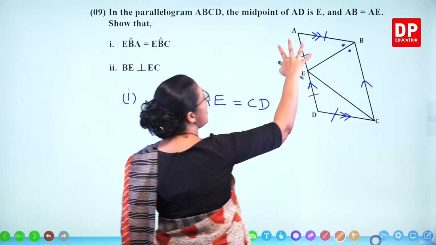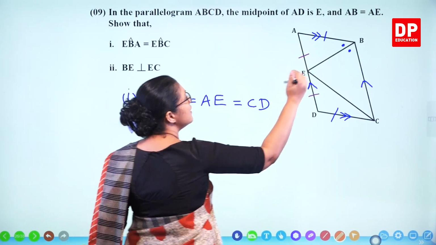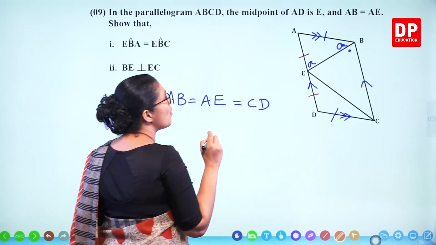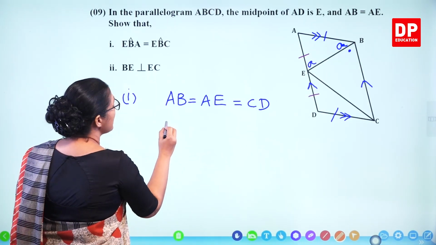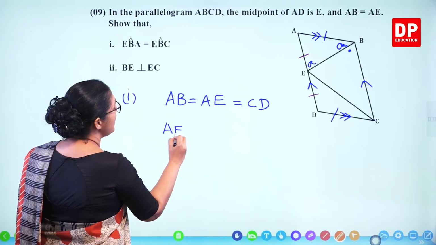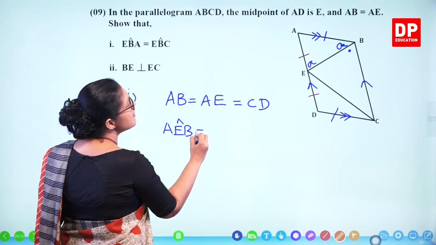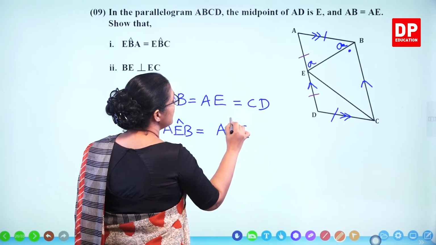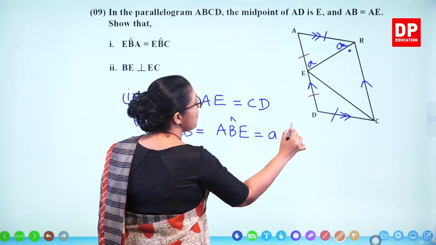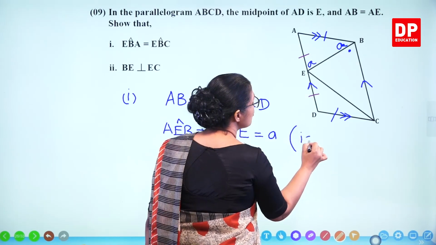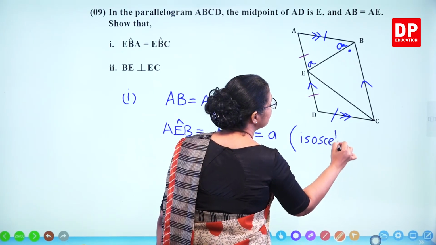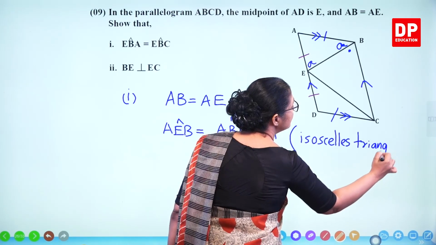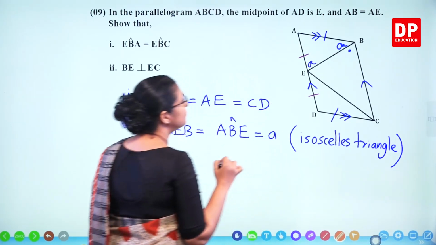So this is an isosceles triangle. So if this is a, this is a. So I can mark AEB angle is equal to ABE angle. I marked a because this is an isosceles triangle. Two sides are equal.